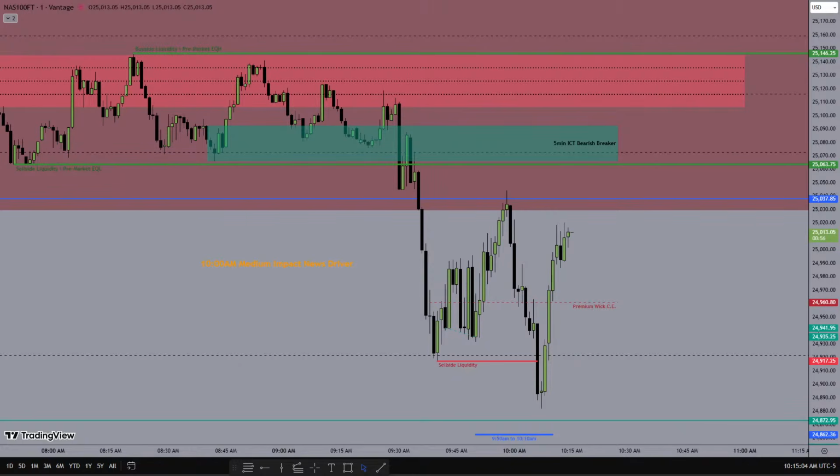And the buy side itself. Now this also becomes a bullish breaker.